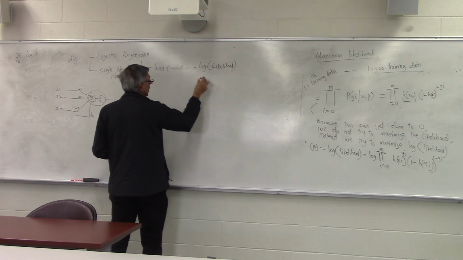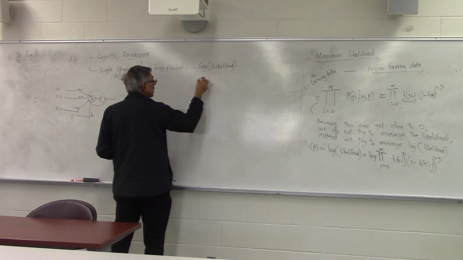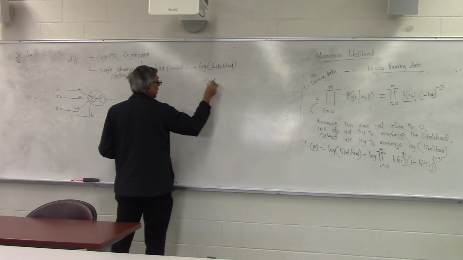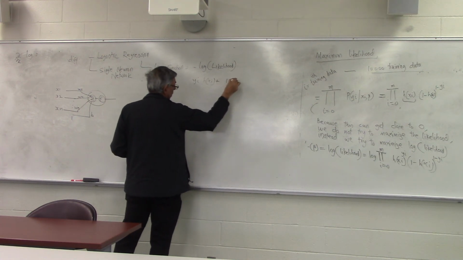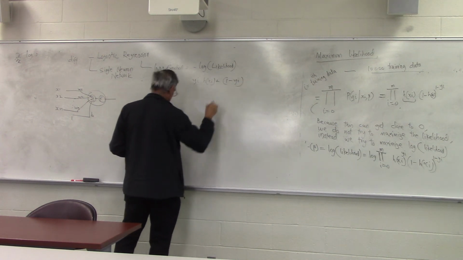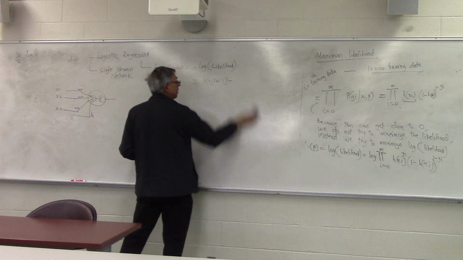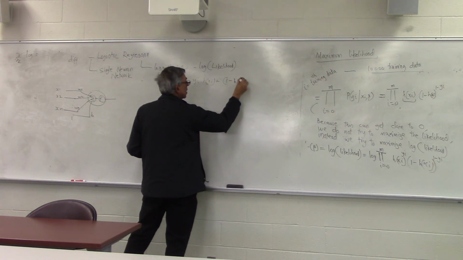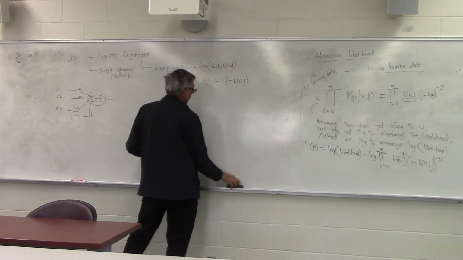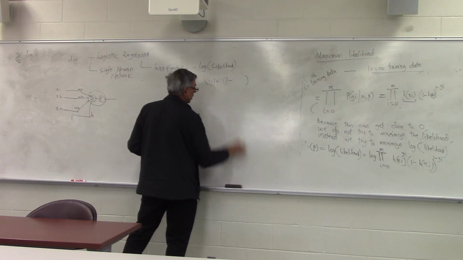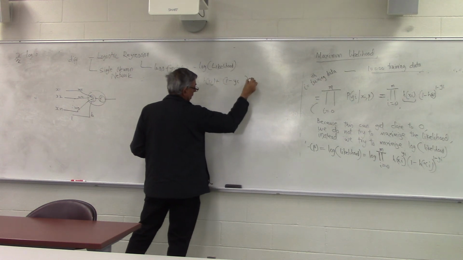So whatever h of x of i, y of i, plus 1 minus y of i, 1 minus h of x of i.